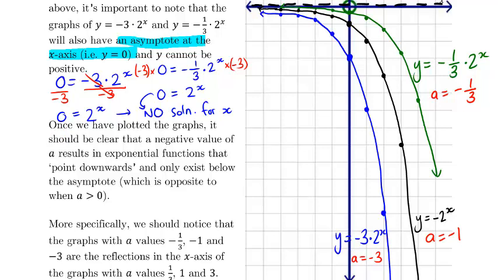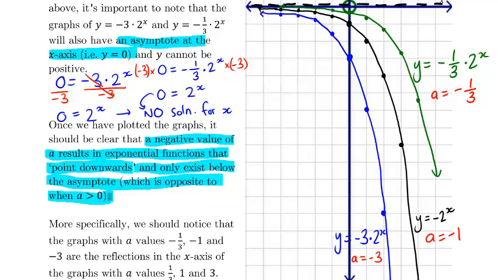Now, once we have plotted the graphs, it should be clear that a negative value of a results in exponential functions that point downwards, and they only exist below the asymptote, which is opposite to when a was greater than 0. So that's one really important difference that happens when a is less than 0. The graphs are below the asymptote and they point downwards.